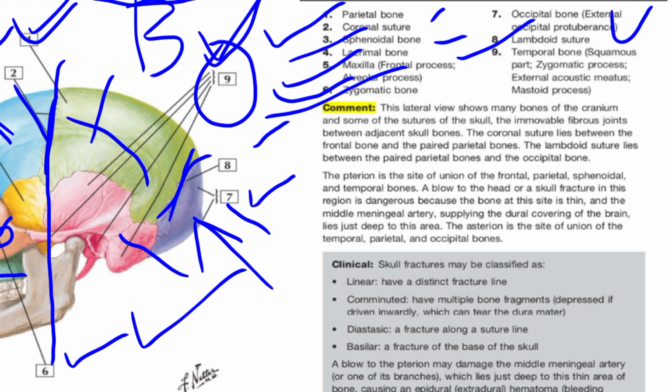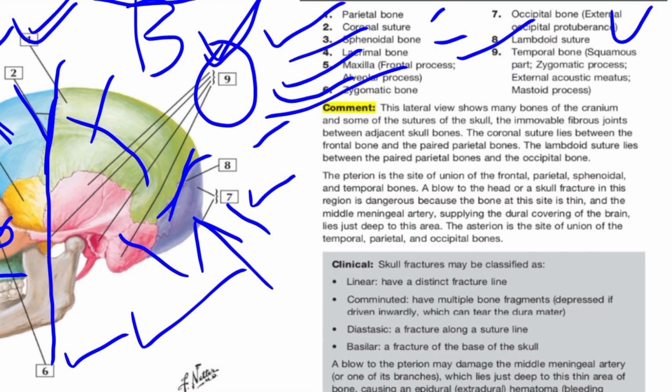This lateral view shows many bones of the cranium. Cranium means skull. And some of the sutures of the skull. Sutures join the bones of the skull. They are immovable fibrous joints between the adjacent skull bones. Fibrous joints are of 3 types: sutures, syndesmosis and gomphosis. Okay? The coronal suture lies between the frontal bone and the paired parietal bone.